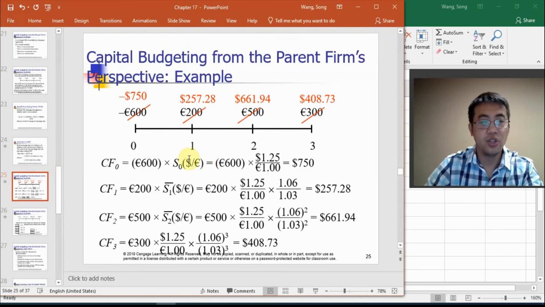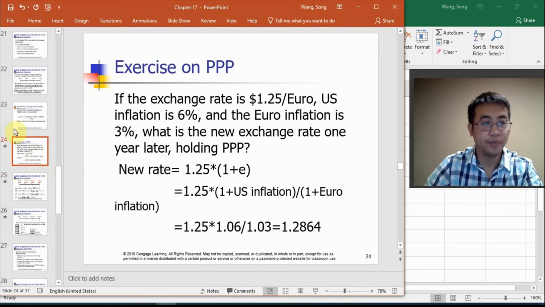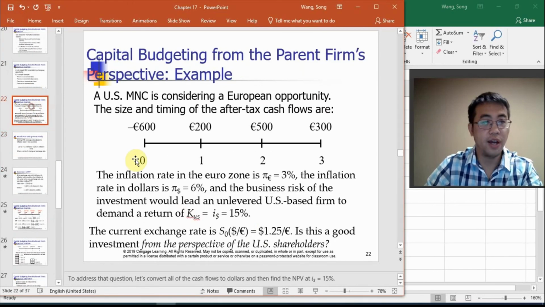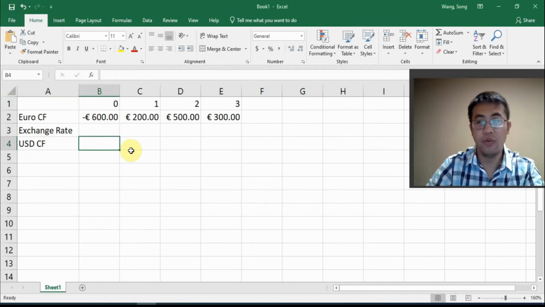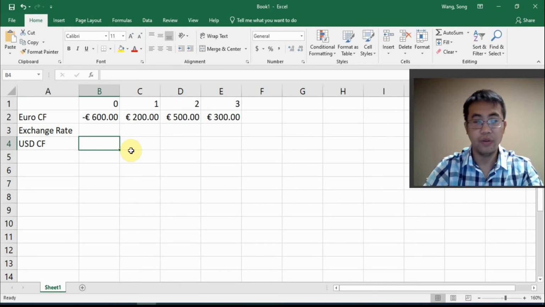So right now the exchange rate is 1.25, I believe. It's right here, 1.25. That means if you have $1.25, you can buy the same stuff as you could in the Eurozone with a euro. This is called purchasing power parity.